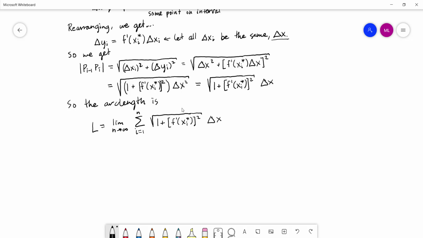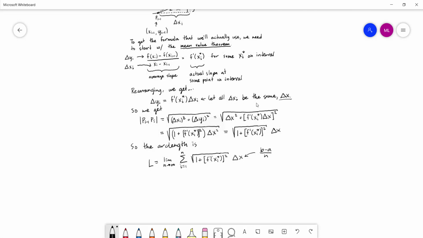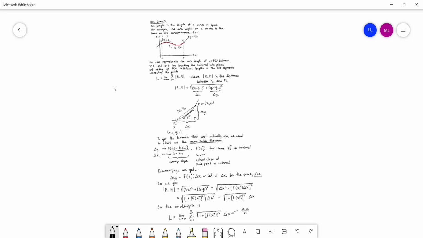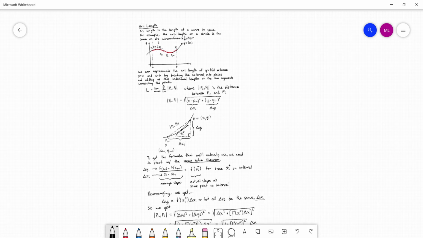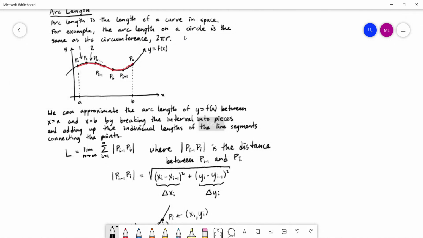What is this? Well, keeping in mind that this piece right here, delta x, is just going to be b minus a over n. Again, that is just the length of the total interval divided into our n equal parts. That's what each delta x is. It's the total distance between a and b divided into n equal parts.